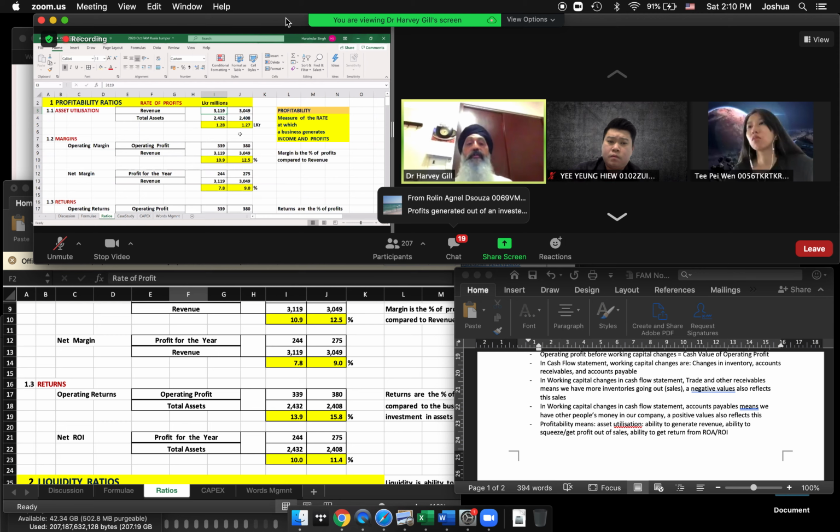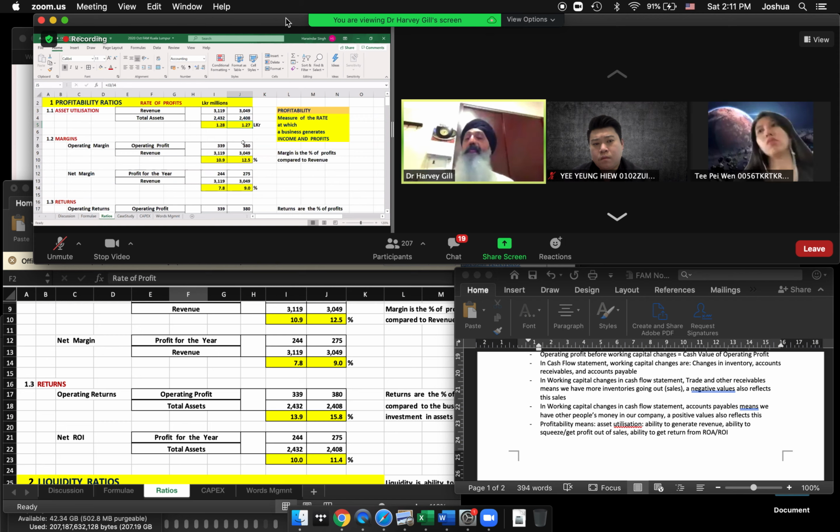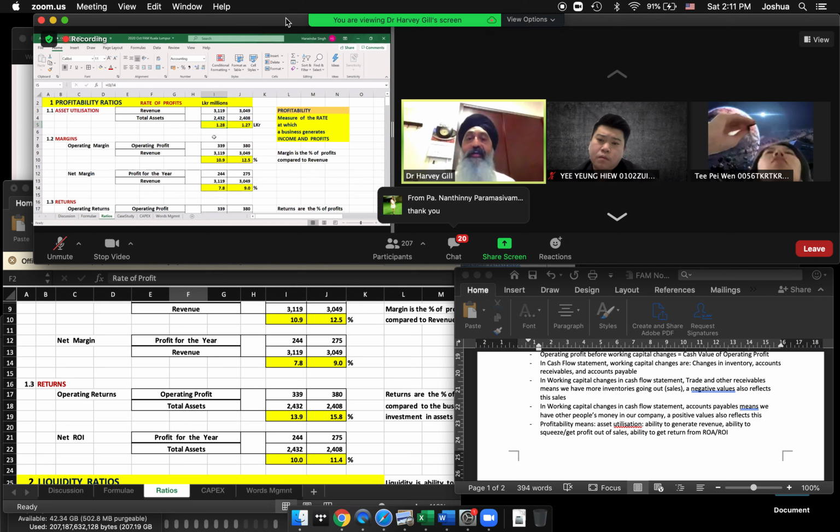But because the rate of generating revenue was a bit better, when you look in terms of how many dollars per dollar invested in asset, doesn't matter whether the currency is rupee or ringgit or dollar, for every dollar invested in the business, this company generated $127 last year and 128 this year. That means their asset utilization is better, the way they use their asset to generate revenue. Some people even call it selling efficiency. The selling efficiency has improved.